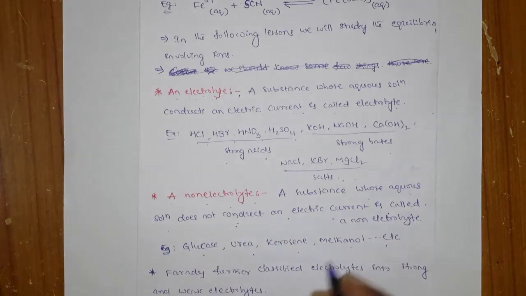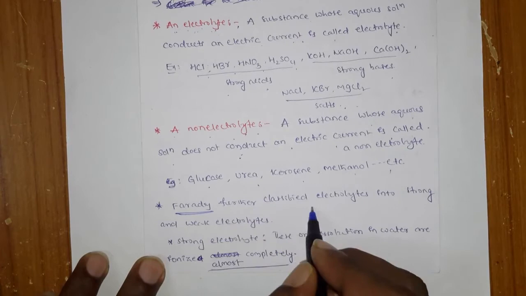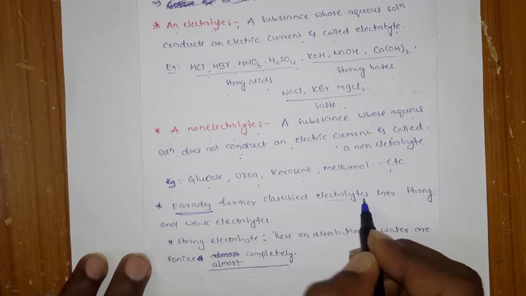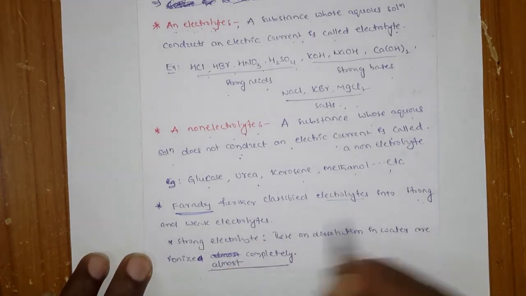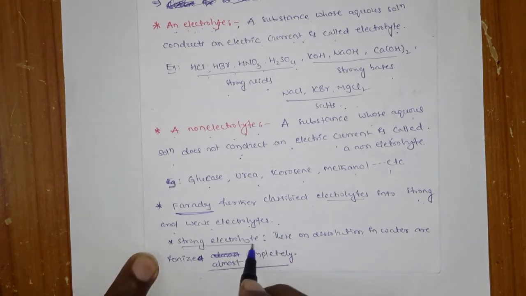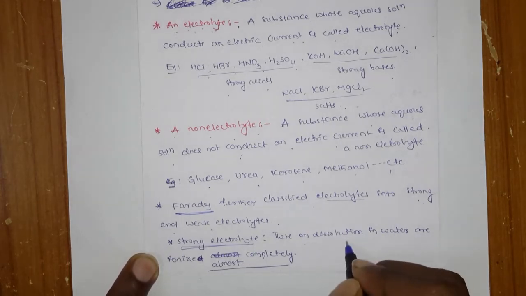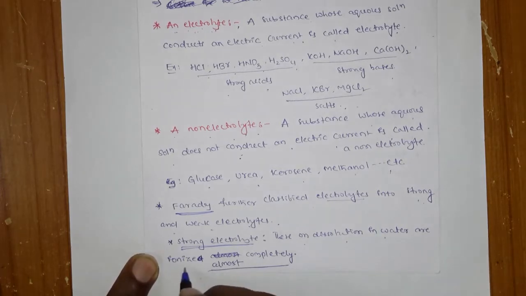Faraday further classified these electrolytes into two types, strong and weak electrolytes. What is a strong electrolyte? A strong electrolyte is one that, on dissolution in water, is ionized almost completely.